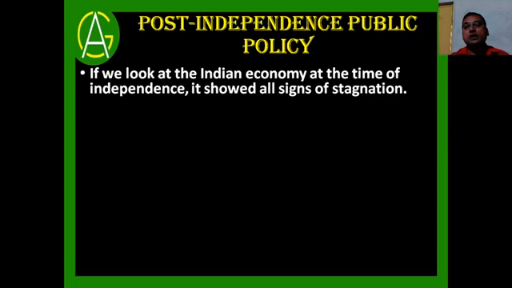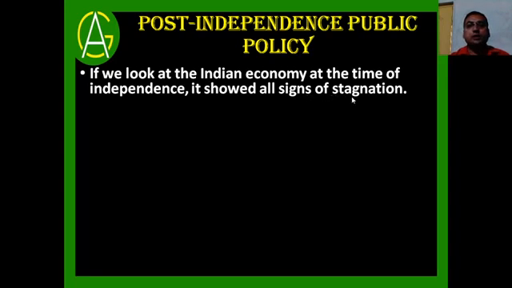That means the Indian economy was not growing at all. There was a huge stagnation. Stagnation means the economy was very much stagnant in terms of development. It was not developing, rather it was stuck where it was.